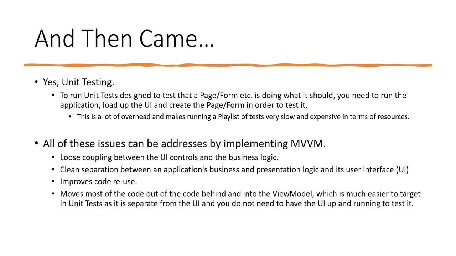Then we can just focus on that class, and we can do our unit tests, for the most part, all based on the functionality offered by that class to make sure it's doing what it needs to do. And that class, because it's not part of the UI, we can test without having to spin up the whole application, right? So that clean separation between the business and presentation logic and the user interface will really make unit testing in particular much, much easier.